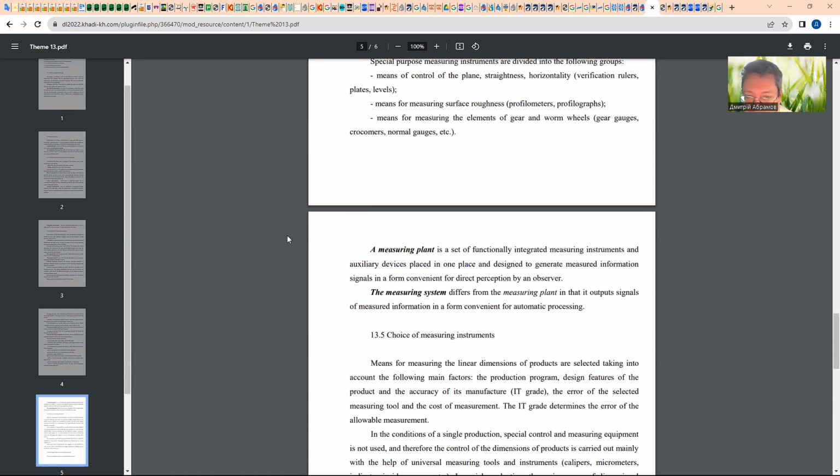The measuring system differs from the measuring plant in that it outputs signals of measured information in a form convenient for automatic processing.